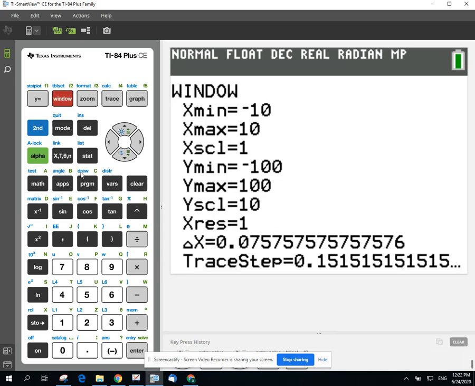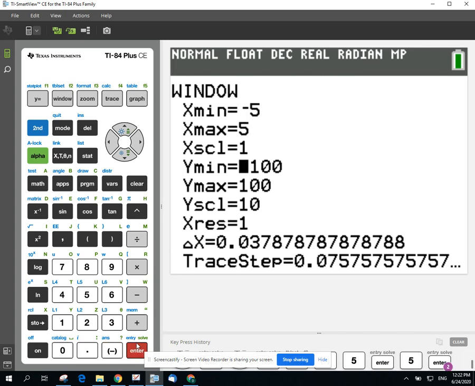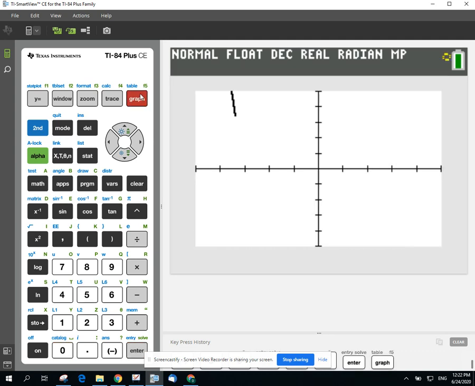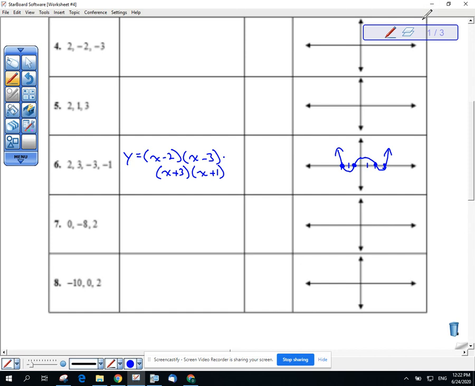The window I want to use is -5 to 5 and -50 to 50. We'll just leave the scale going by tens. So notice that it does cross the x-axis 4 times in the 4 places that we said. This relative minimum is lower than this relative minimum. Okay. You just hang on to all that information about minimums and maximums until like next October.